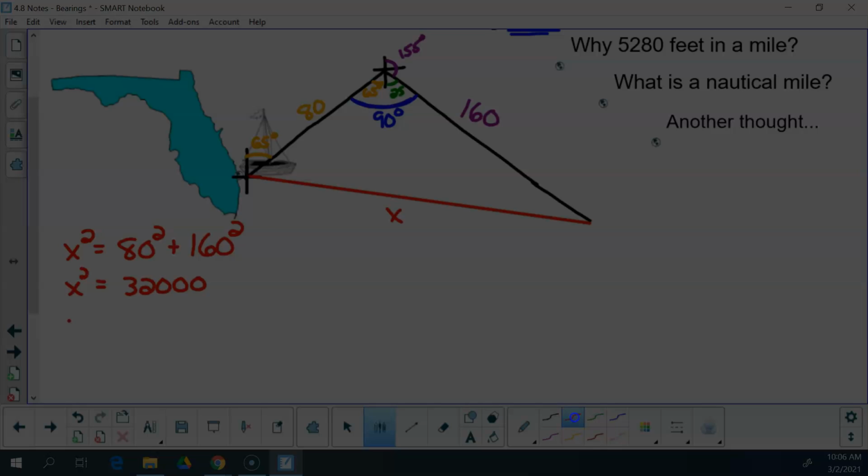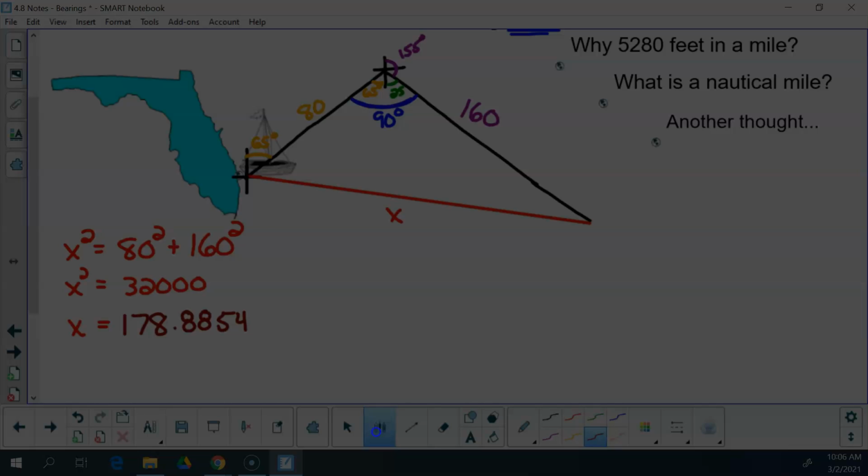Is X squared. So X is not necessarily going to be plus or minus, right? Because I can't have a negative distance. So we would have the square root of that. I get here that X is 178.8854, okay, but we'll call it really 179, or 178.9.